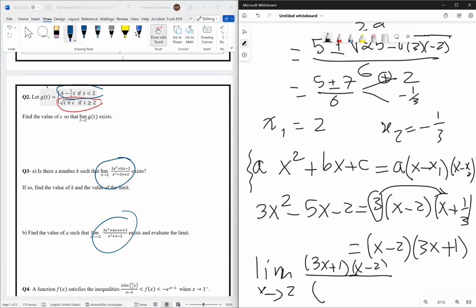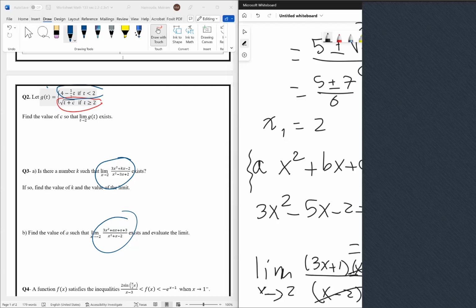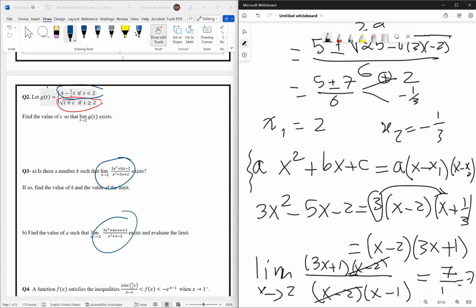The factoring of the denominator is not difficult, so it's (x minus 2) times (x minus 1). And clearly here we simplify by x minus 2. Then substitute x by 2, I will get 7 over 1, that means 7. So my limit for this question is 7, and the value of k is -5. So that's my conclusion here.